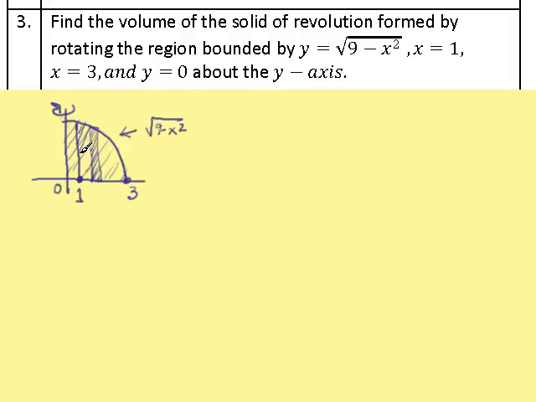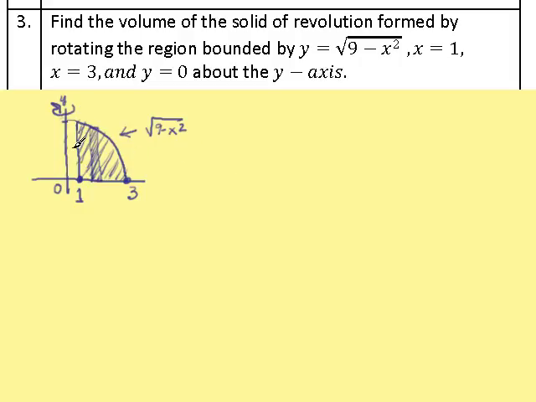So this is the region, actually. And here's one rectangle. Okay, so we're rotating this region about the y-axis. All right, so we're going to get part of the top half of a sphere, but it has a hole in it, you see.